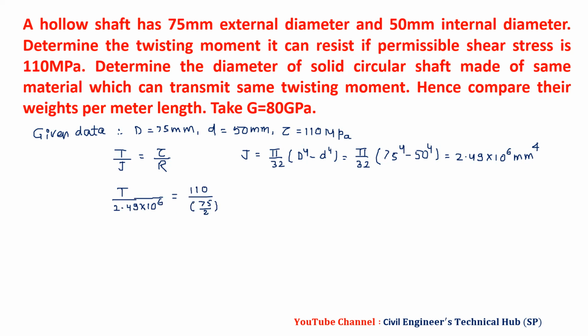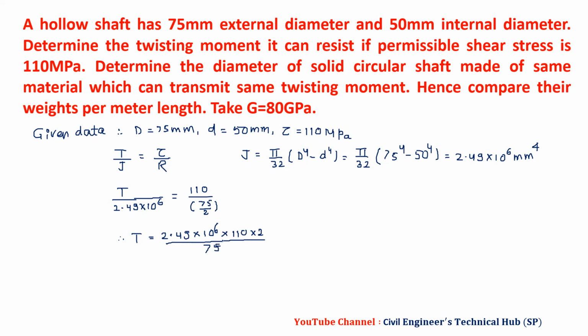And from this we will get the value of T equal to 2.49 into 10 raised to 6 into 110 into 2 divided by 75.